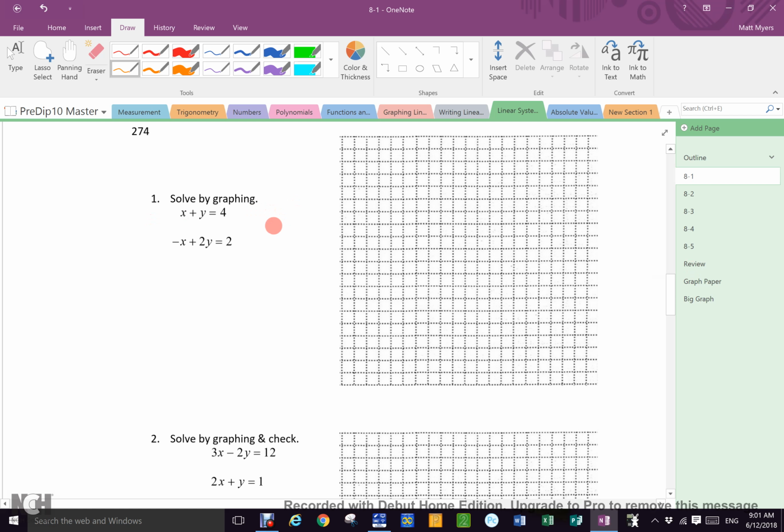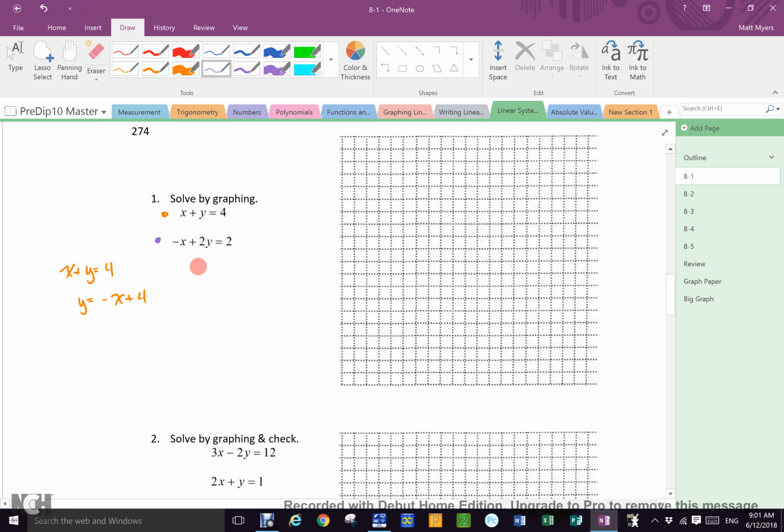Solve this by graphing. I'm going to have an orange one and a purple one. What should I do to the orange equation so I can graph it easily? Y equals negative x plus 4. I can now graph that in my sleep, can't I? Great. What am I going to do to the purple one?